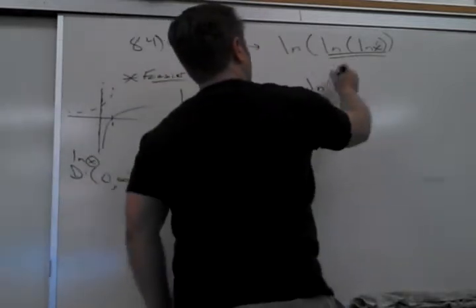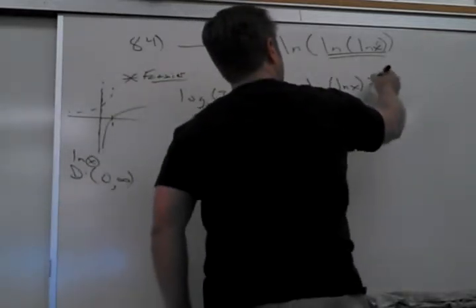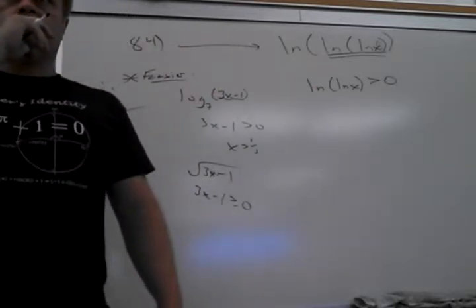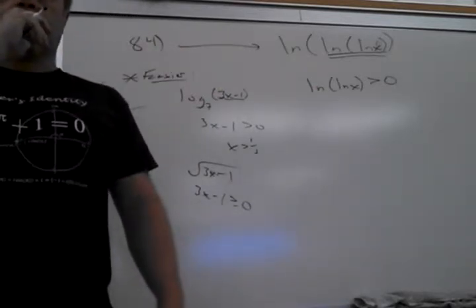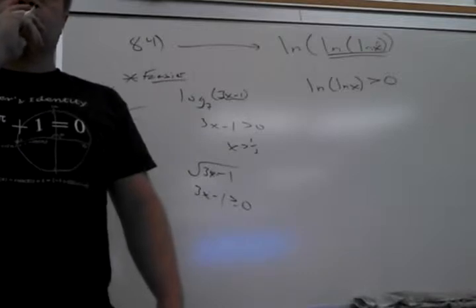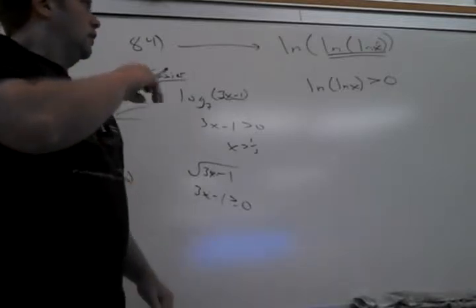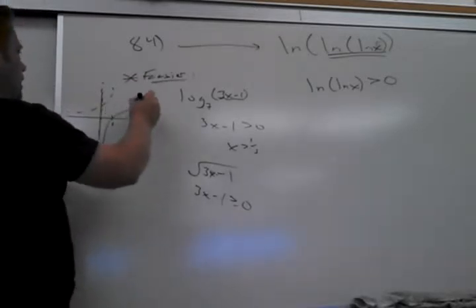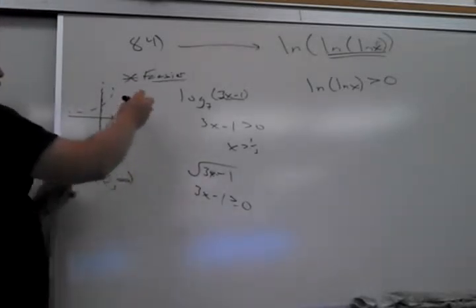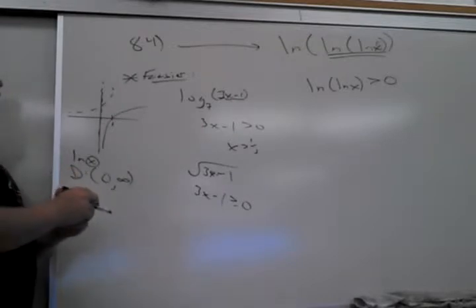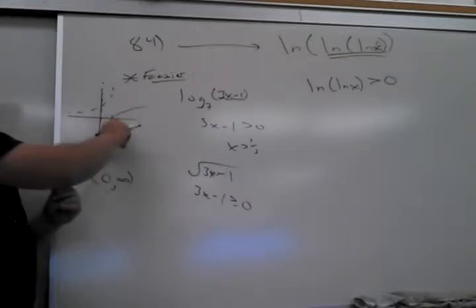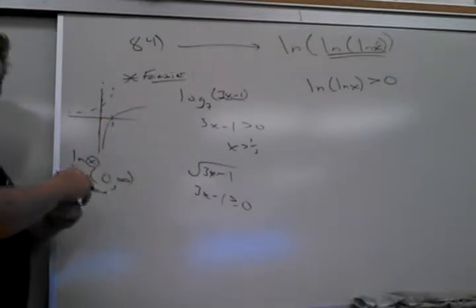So ln of x has got to be greater than 0. And when is that true? When is the natural log greater than 0? After 1. Right? Okay. You guys kind of with me?